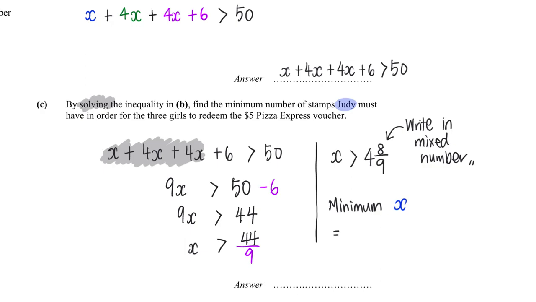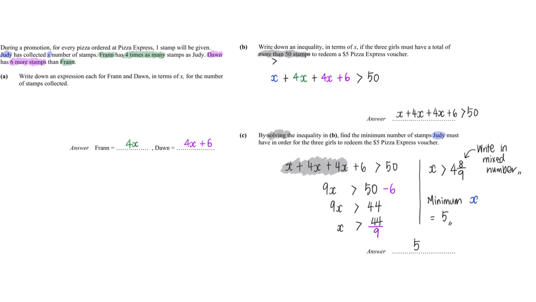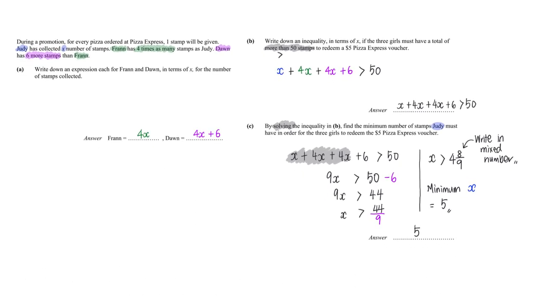And number of stamps should be a whole number, right? So minimum x must be, what's the next number after 4, 8 over 9? Yes, 5. And that's the end of this question. And shall we move on to the next question?